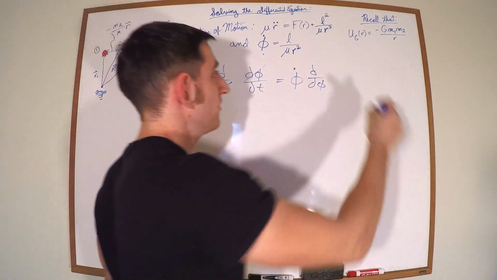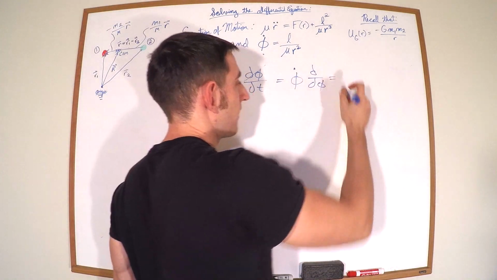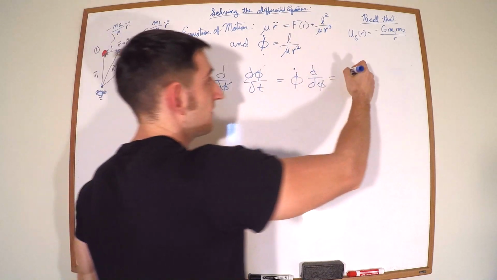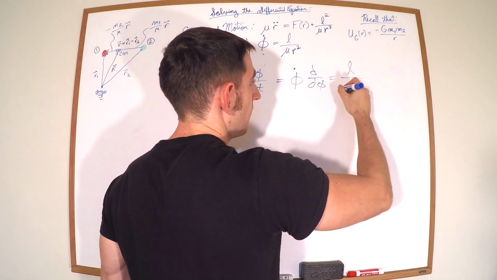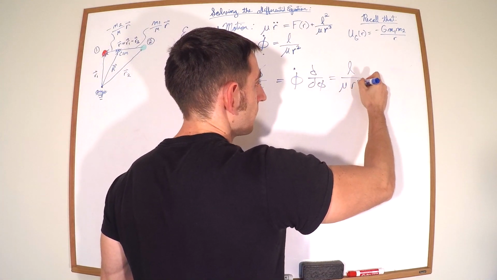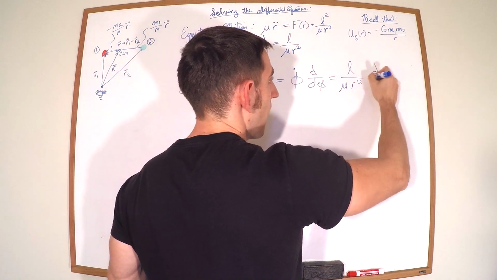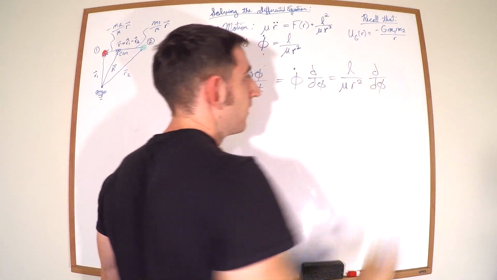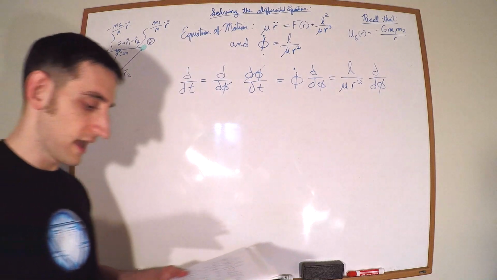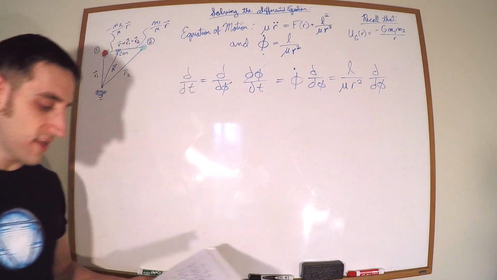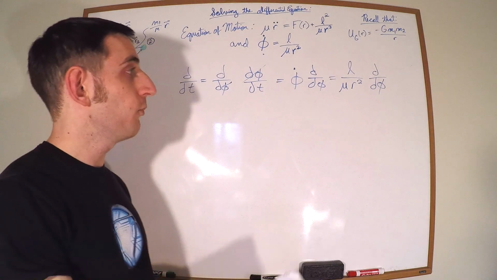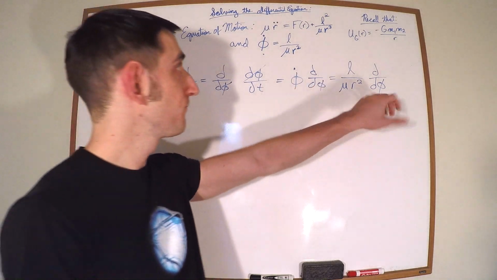So we can substitute that in. We can say this guy's going to be constant, it's going to be in terms of this. And we can carry along the d/dphi for the ride once again. So this is what we end up with for the operator.